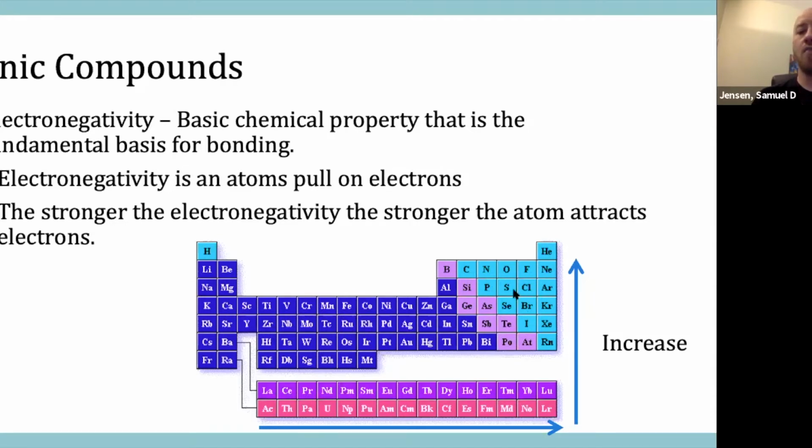Whereas our nonmetals, okay, we talked about one of their common physical properties is that they gain electrons. They gain electrons because their electronegativity is so high. They want to have electrons, and so they will take them from other things. And in this case, if you have a strong electronegativity and there is a metal around, they take from the metals.